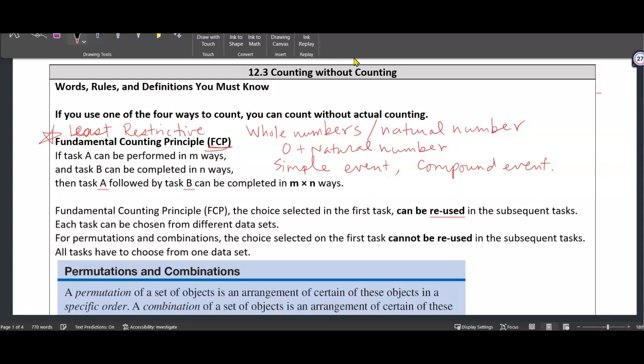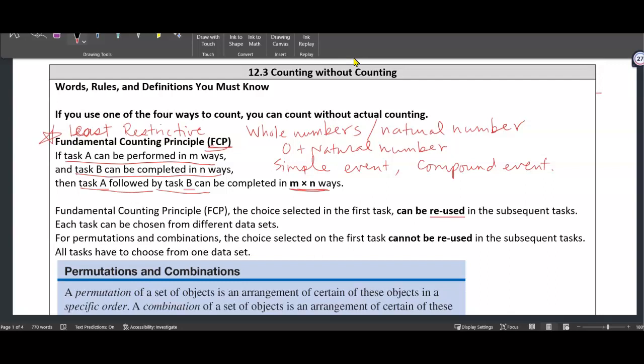If task A is performed m ways and task B is performed n ways, then task A followed by task B is completed in m times n ways, right? So that's what the fundamental counting principle says. You still have some type of ordering: task A is still before task B. So in itself, the fundamental counting principle has some ordering.